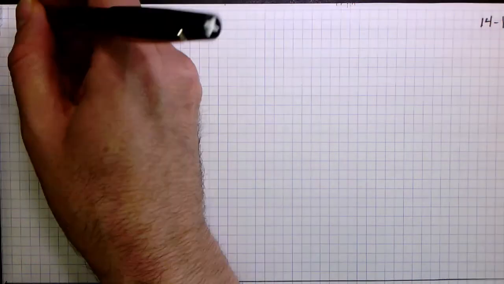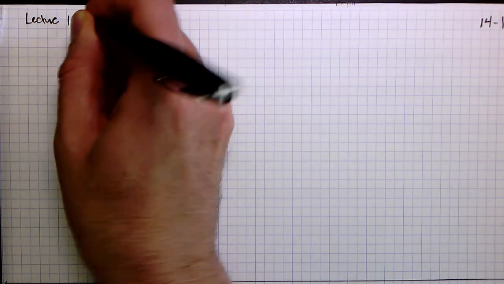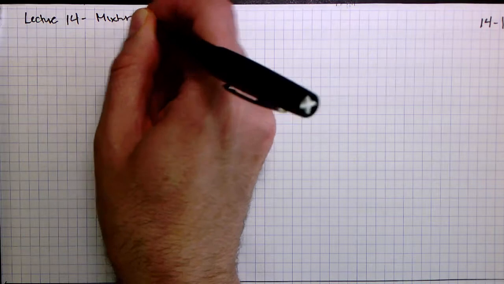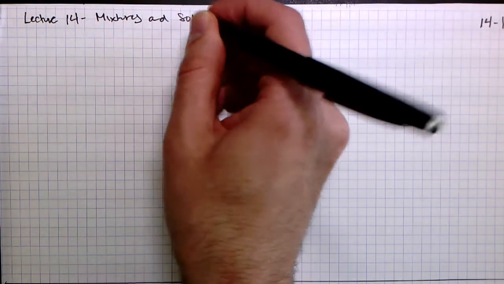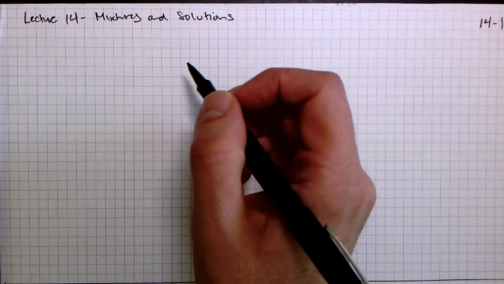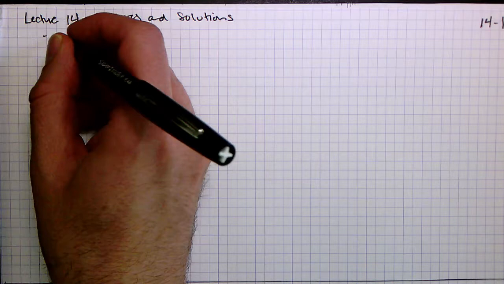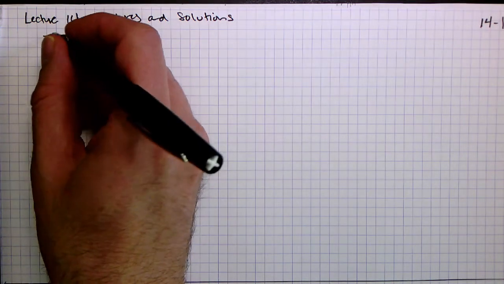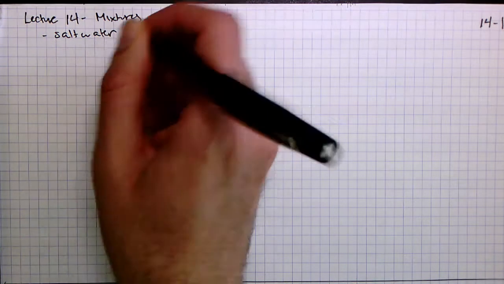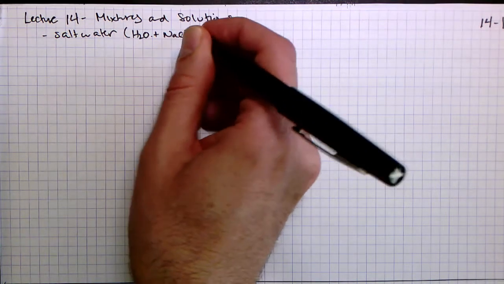Okay, so the next thing we want to talk about in lecture 14 are mixtures and solutions. And of course, these occur in many different forms, so they can be from things we typically think of when we think of mixtures and solutions like salt water, right, where we're mixing water and common table salt.